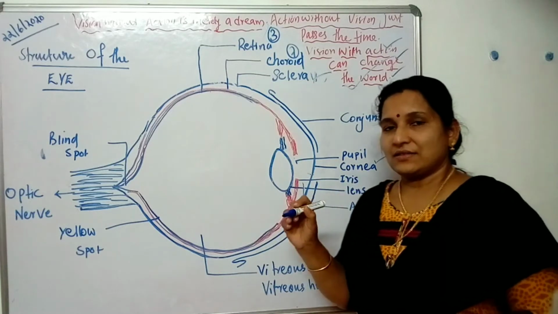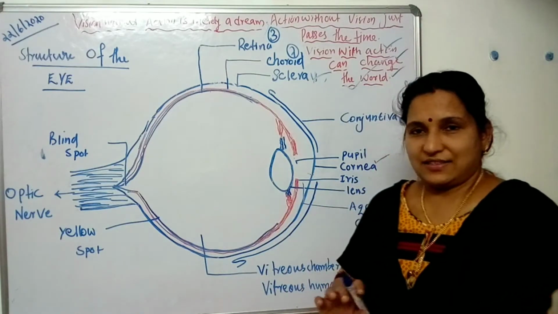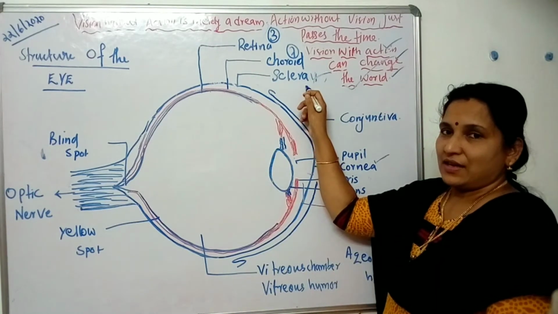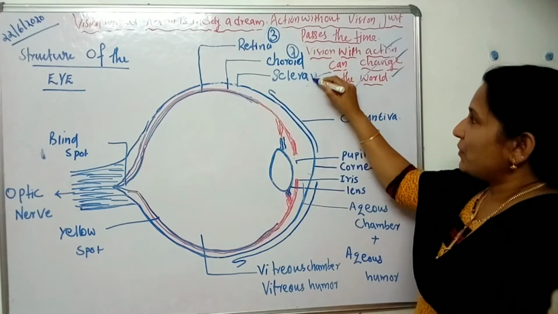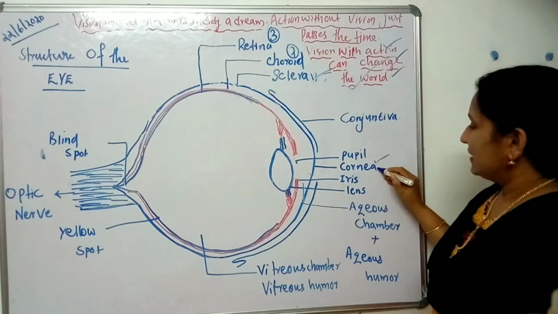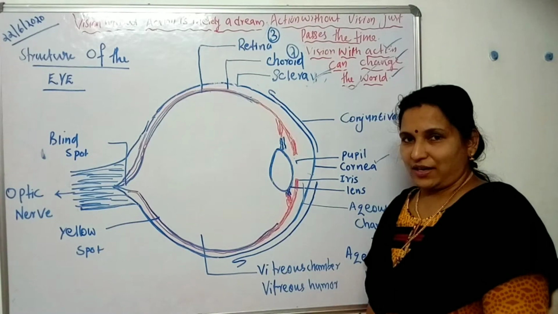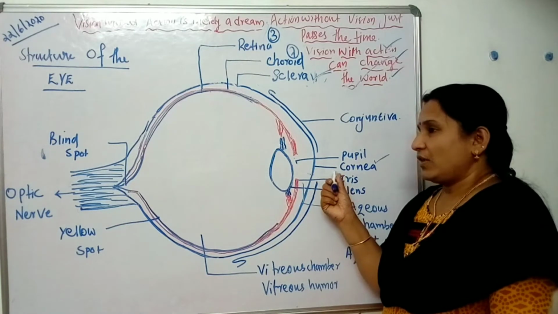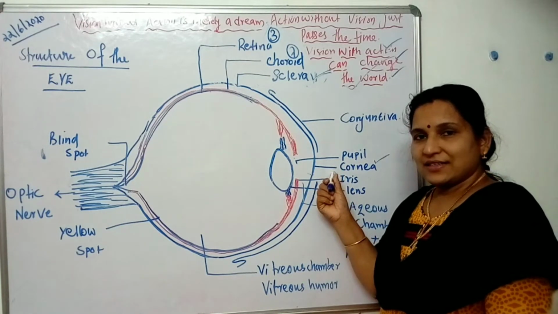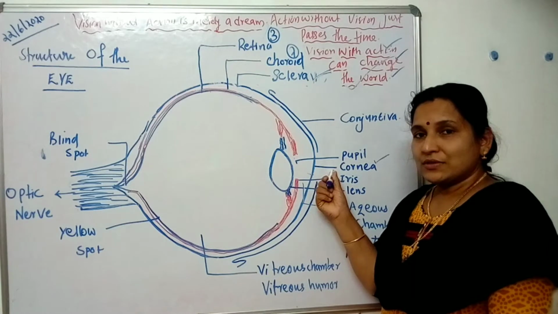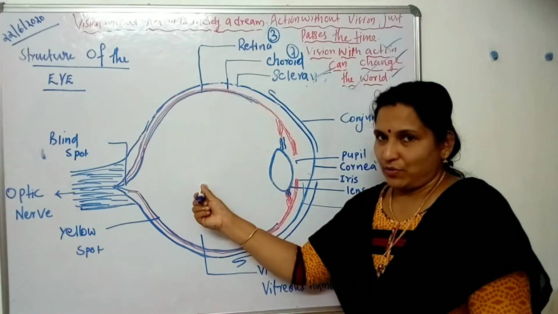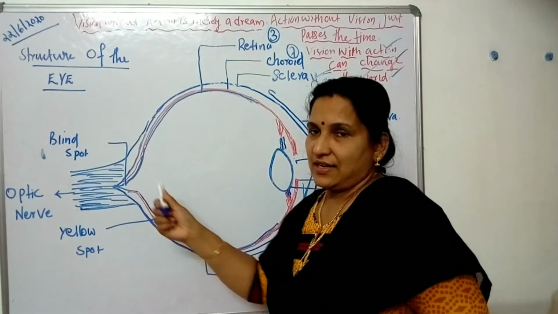We cannot see white color there. Transparent front portion of the sclera is known as the cornea. Why is it transparent? That helps to pass the light towards the eyeball, towards the retina.